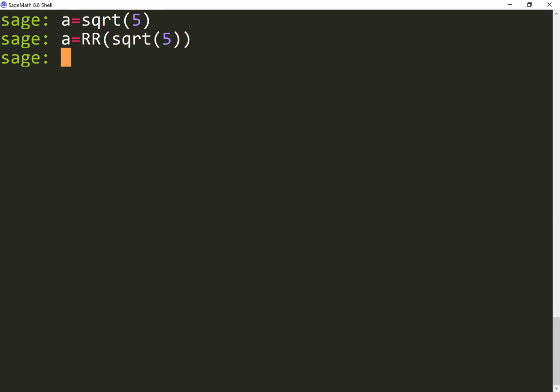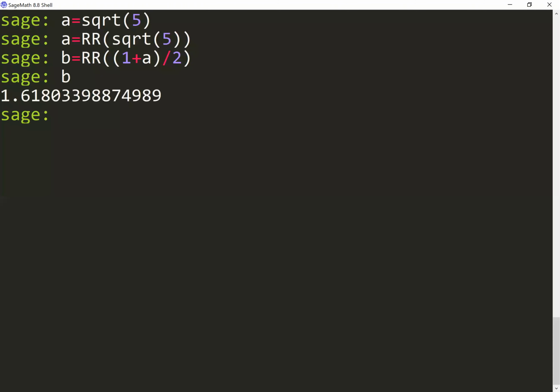Now we let B be 1 over A, 1 over square root of 5 times the golden ratio, (1 plus A) divided by 2. So this is the golden ratio. B is the golden ratio.